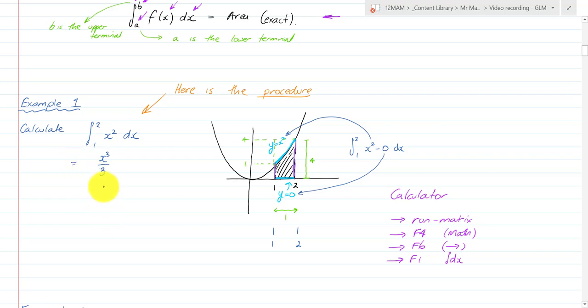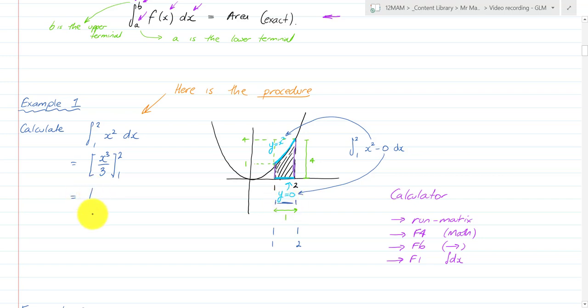To determine the area between two terminals, I'm going to use this notation. There are a couple of similar notations you might see. I'm going to find the area below by calculating that value for each of the terminals, but we also look for a difference. We're looking at the difference between what's here and what's here to calculate what's in between.